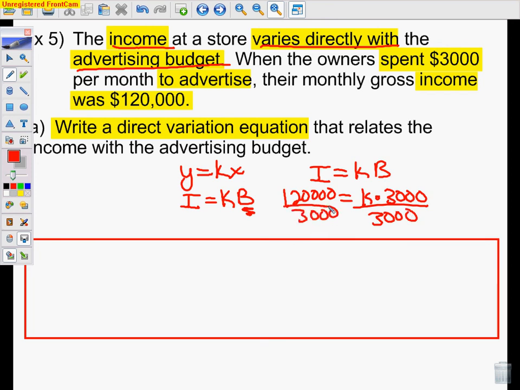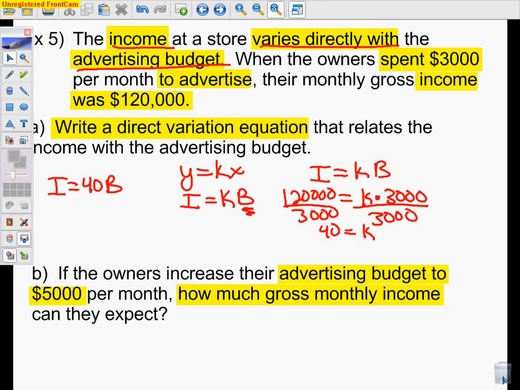So 120,000 divided by 3,000 is 40. So we get K is 40. So since K is 40, we know our formula could be I equals, our income is going to be 40 times whatever our advertising budget is. So this would be an example of our formula. I equals 40B.